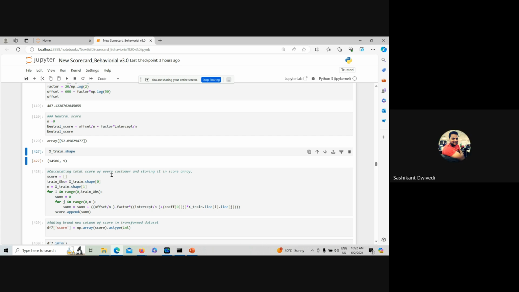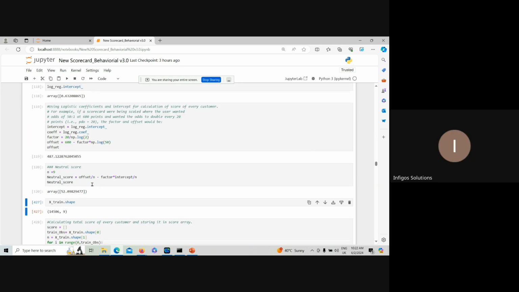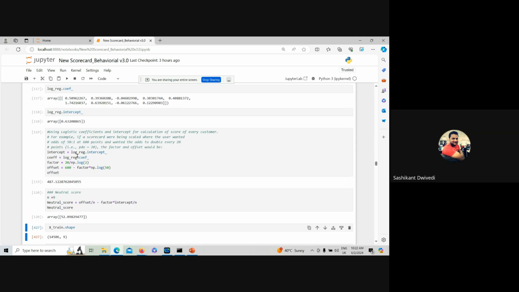Can you repeat the conversion of probability into scores, the offset part, the cell number 118 or 119, which has the PDO and the factor formula?